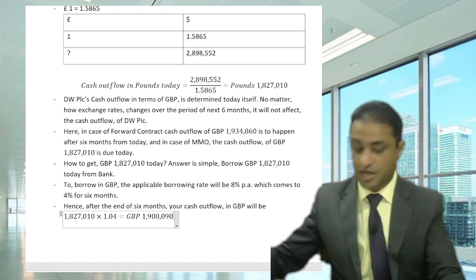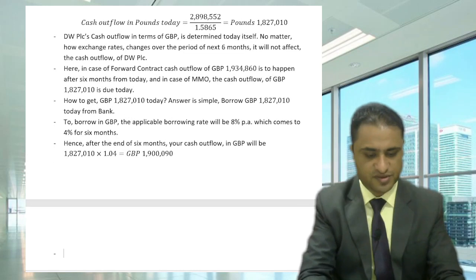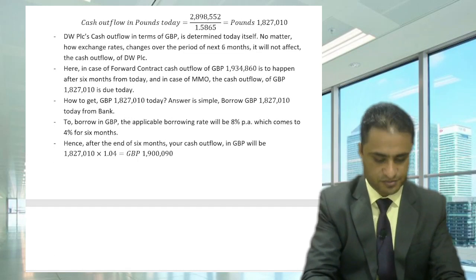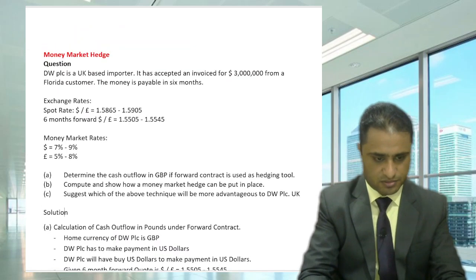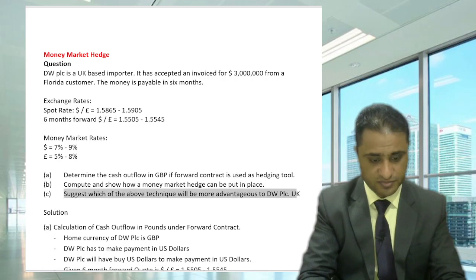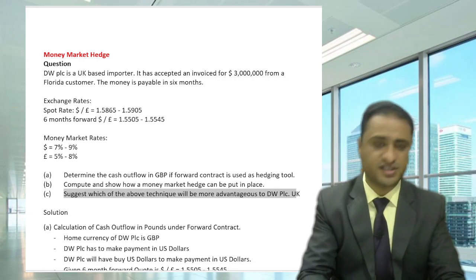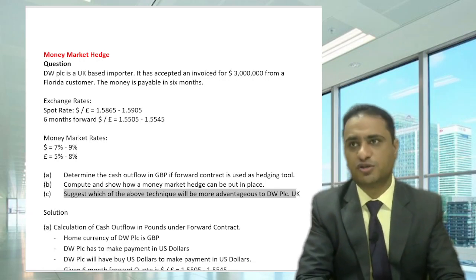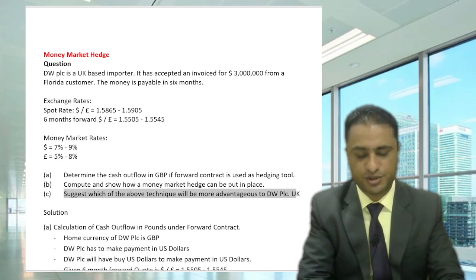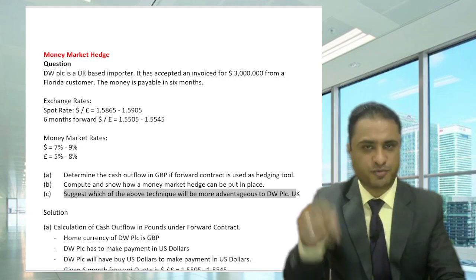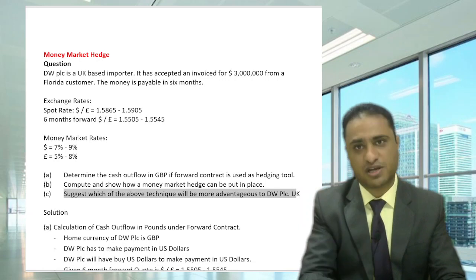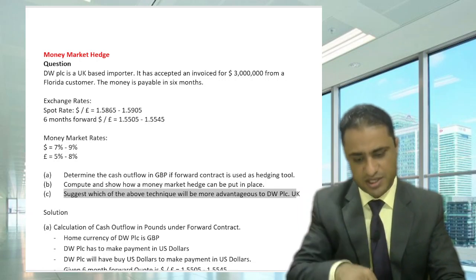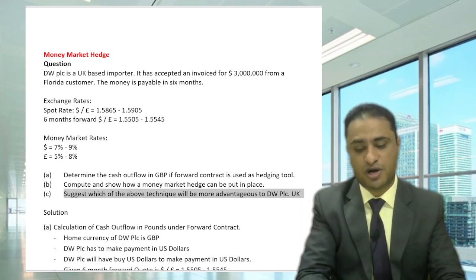Now you can compare which is more profitable for you. The question says, suggest which of the above technique will be more advantageous to DW PLC. In both the cases, whether you go for the forward hedge or you go for the money market hedge, you are not going to pay anything from your pocket today. Whatever you are going to pay, your cash outflow will happen at the end of 6 months.